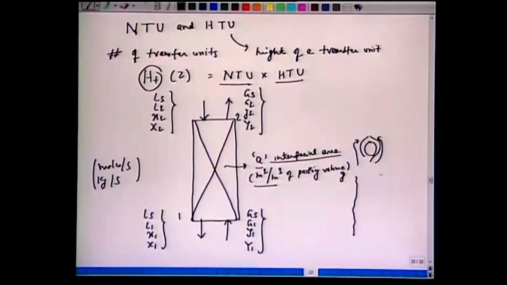One side it's a gas, one side it's a liquid. Recall the concept of bulk, film, concentration drop, interfacial concentrations, and then we have the bulk concentrations. So we can have y, x, two bulk concentrations at any location, and we have yi and xi, and they are related through equilibrium or thermodynamics. So these are the four at any location.